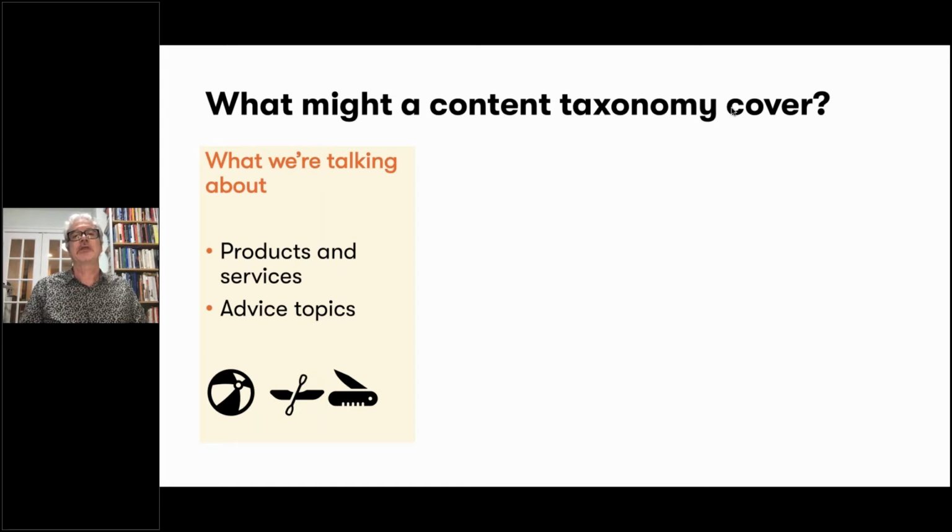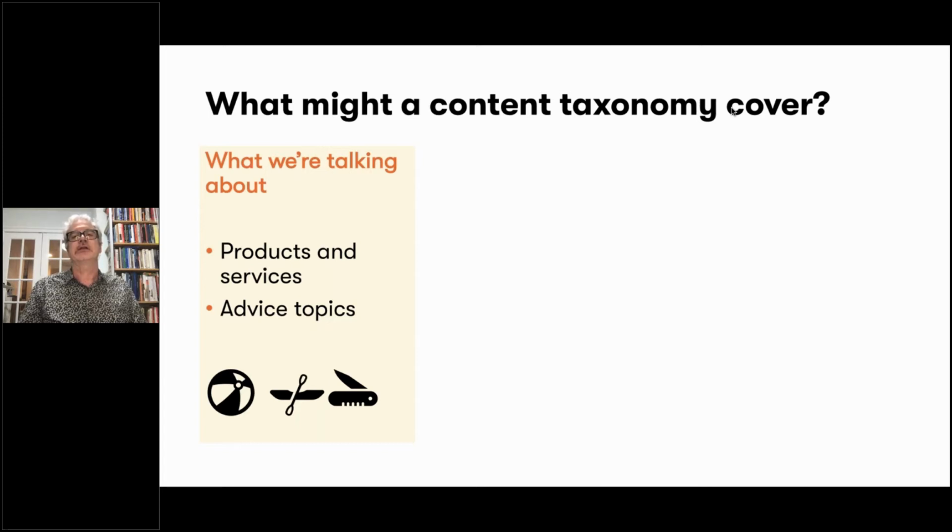And for many organizations, that will be the products and the services that their content talks about. You offer products and services, you're writing content relating to these products and services, and you want to tag that content to indicate which products and services you're discussing. And that may be at a higher level because you're talking about a category of products or services, or it could be very, very specific.